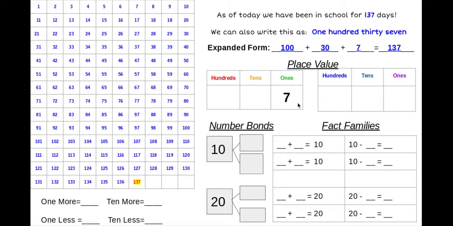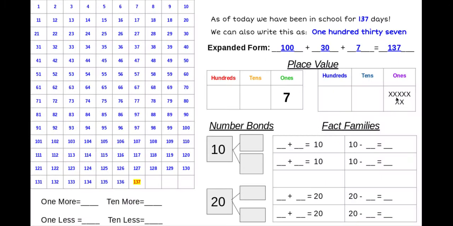So if we're going to draw that picture, remember when we were drawing it in the classroom, we didn't want to draw lines because those look like our rods. So we were using X's in our classroom. So we're going to put 7 X's right here. And there you go. 1, 2, 3, 4, 5, 6, 7 X's. Okay, so those are our 7 ones.